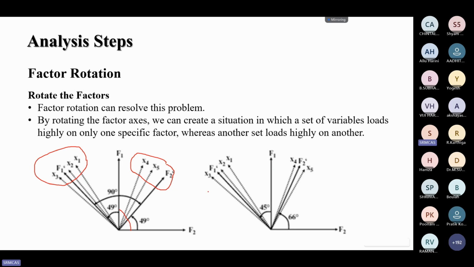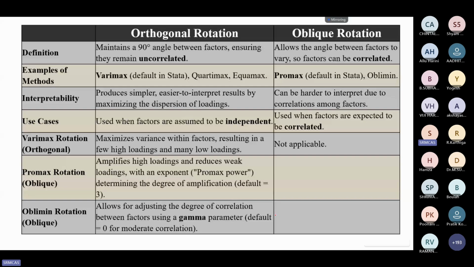Based on changing the angle, if it is a constant angle of 90 degrees, or if we allow changes in the degree to less than 90, we have different kinds of rotations, that is orthogonal and oblique rotations. Orthogonal maintains the 90 degree angle as it is. Oblique rotations allow changes in the angle between the two factors.